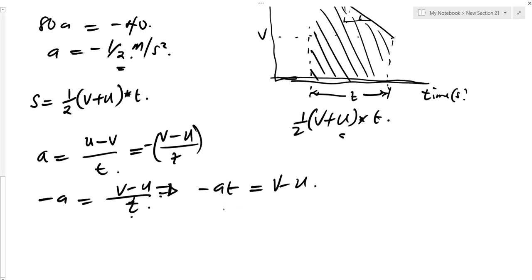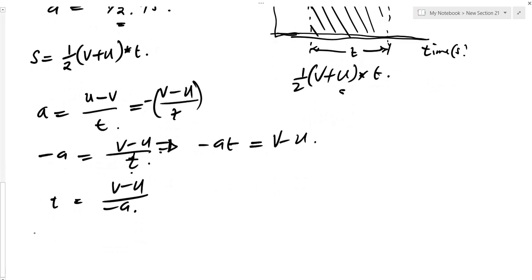So t is equal to v minus u all over minus a. But I might decide to call it v minus u all over d, the deceleration, because minus acceleration is deceleration. So I will change it to v minus u all over d, which is deceleration.